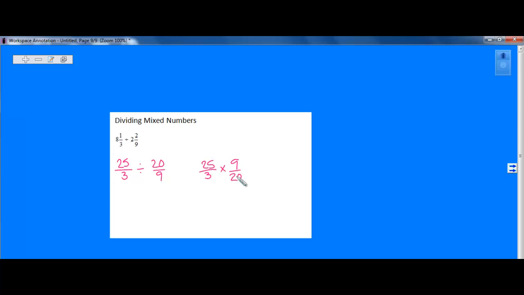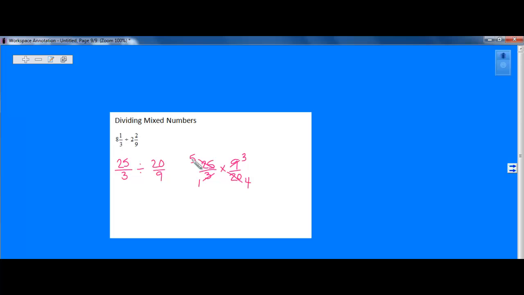Again, I'm going to look at the diagonals. 5 goes into both 20 and 25. It goes into 20 4 times, and it goes into 25 5 times. 3 and 9 also are divisible by 3. 3 goes into 3 once, and 3 goes into 9 3 times.